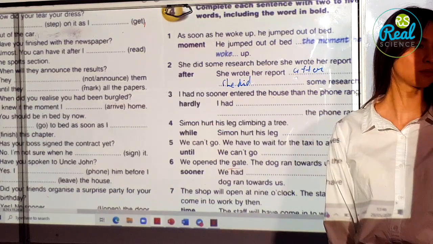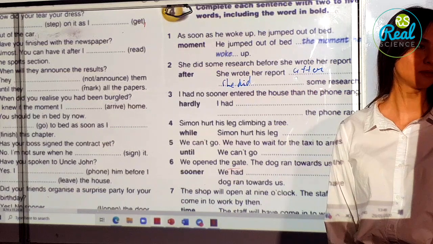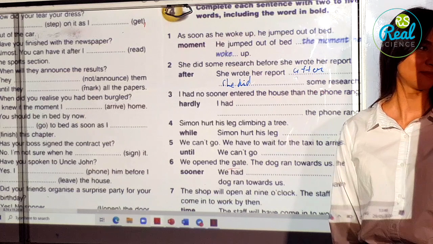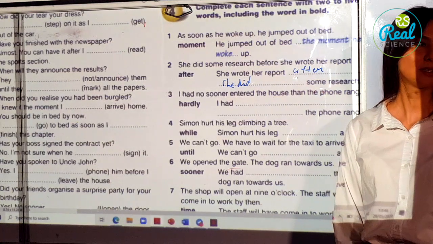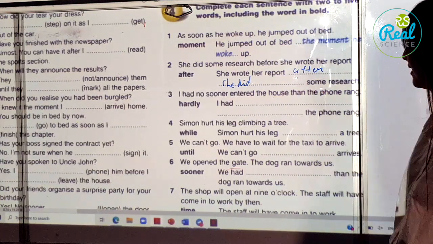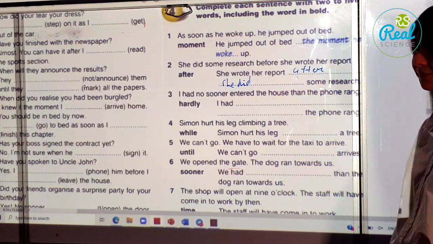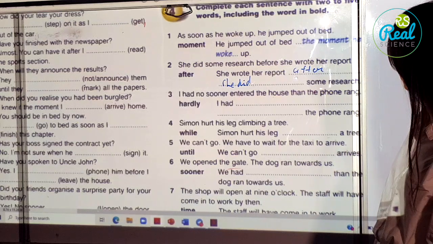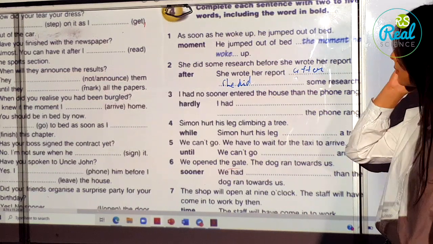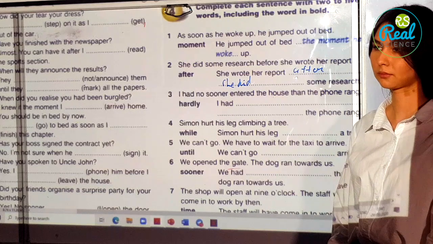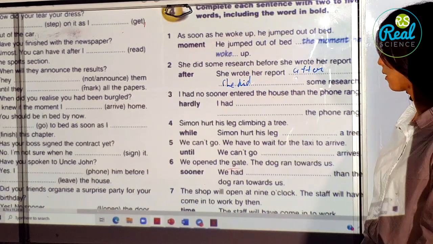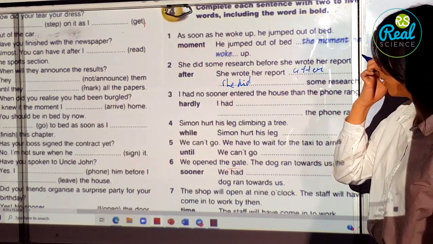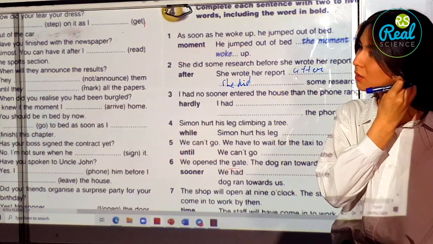Third one. Who wants to do? Aziza, read.